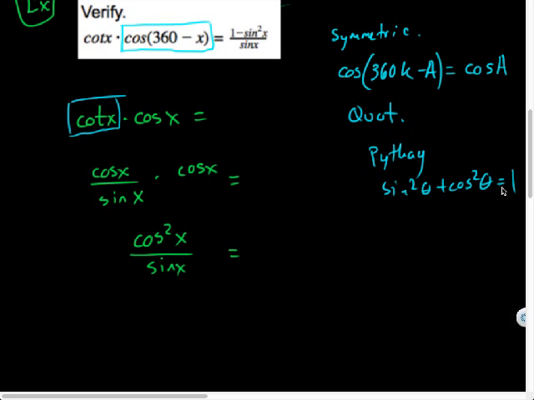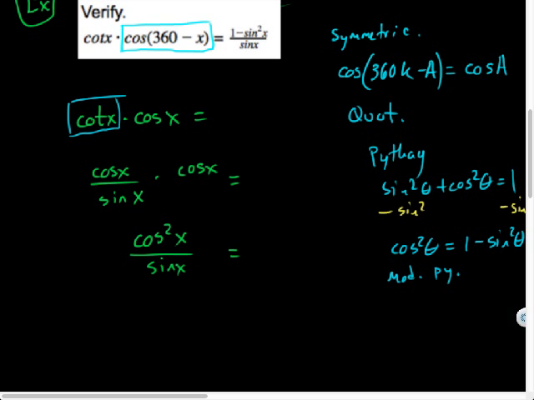So what could I do to rearrange this? Subtract the sine squared from both sides. I ran out of room, that's fine. So I'll get cos squared theta is equal to 1 minus sine squared theta. This is what I'd call a modified Pythag.